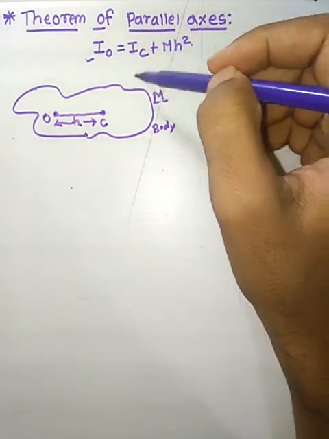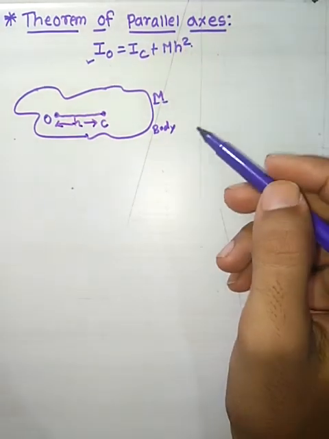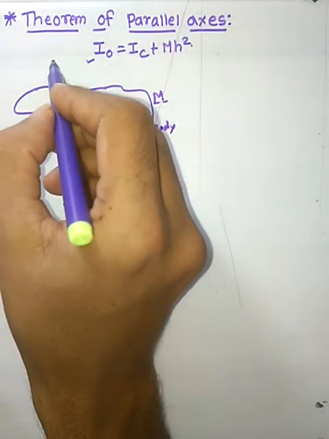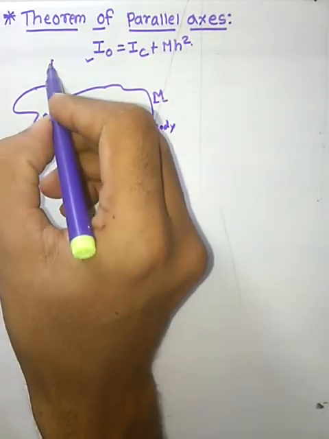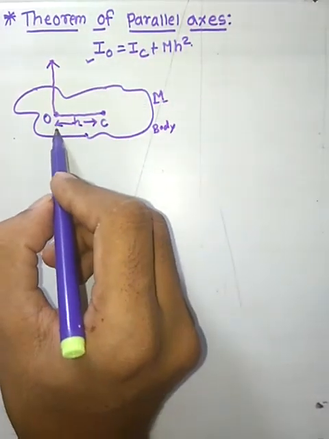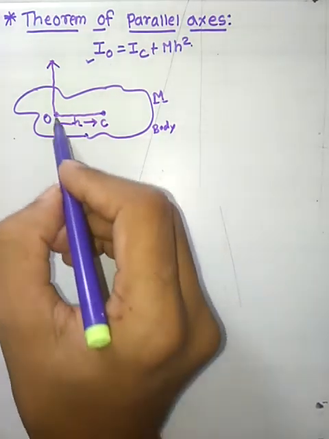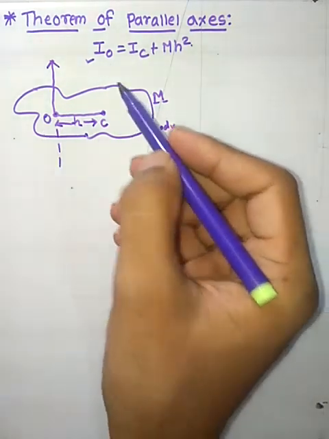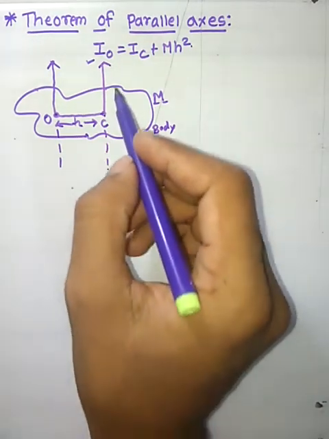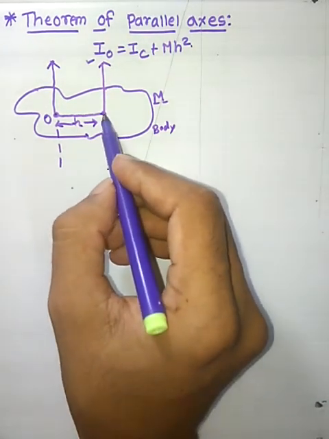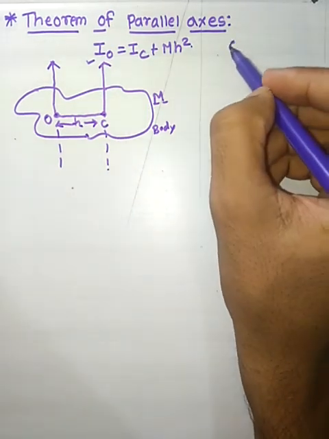Now see how the theorem is proved. For the proof of the parallel axis theorem, we have to consider two parallel axes. One is passing through the point O and another is passing through the center of mass point of that body. So C is the center of mass of that body.